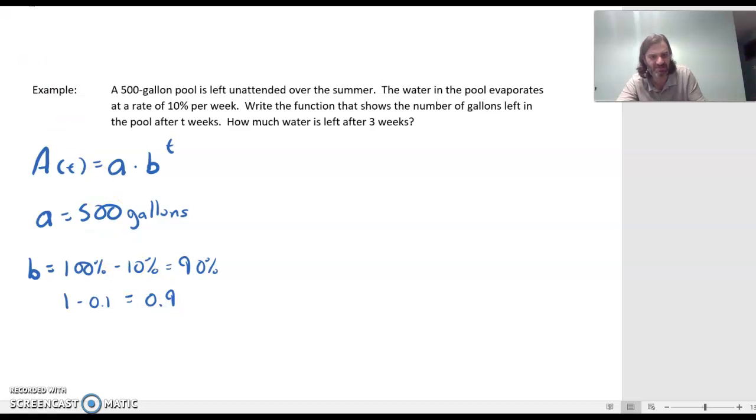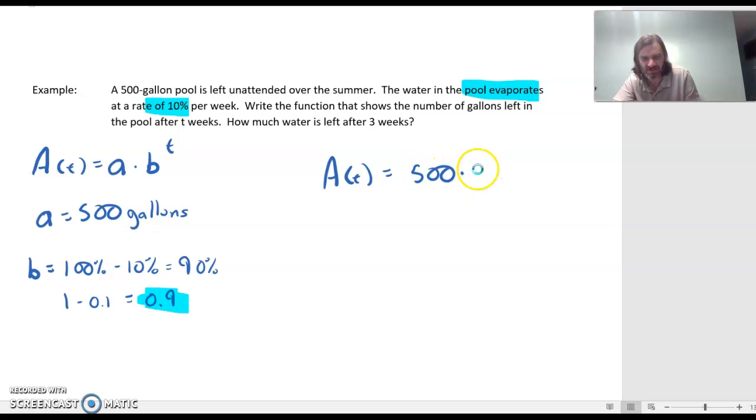So that's what I want for my b. Okay, it's evaporating, so the amount of water is decreasing, so it's going to be keeping 90% of the water if we lose 10%. So our function will be A of t equals 500 times 0.9 to the t. And if you like parentheses around that, you can.